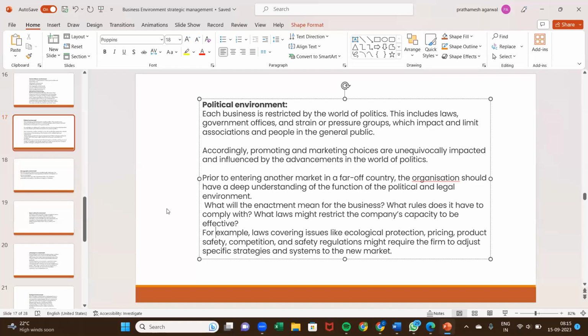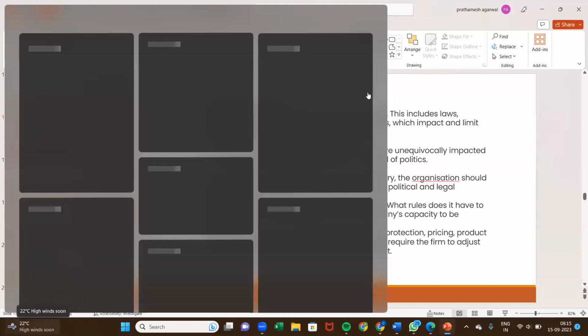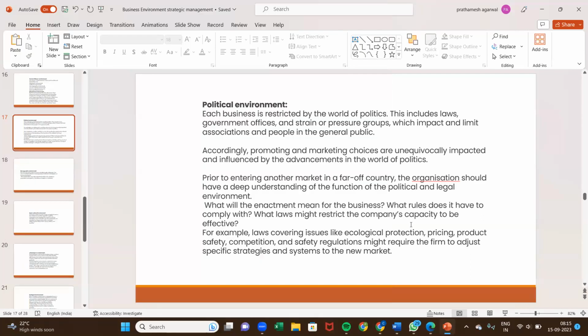See, which laws will impact the business? Ecological protection, like some countries are more towards nature, then pricing, then the product, the safety, the competition, the safety regulations, and we will all need to follow this if we have to start a business offshore. Offshore means abroad.